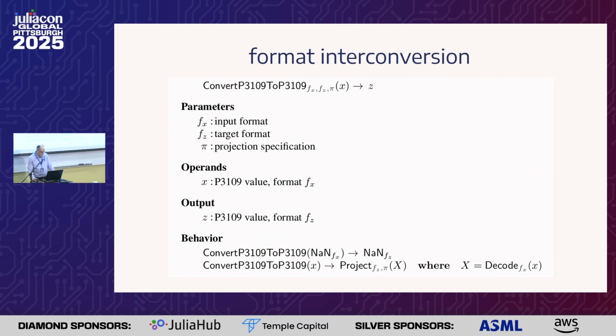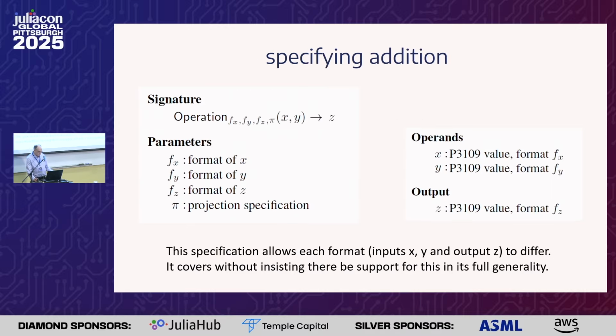A brief look at the specification. The details are not important. What's important is that all of the things that are specified, the parameters are listed, the operands, the output, and its behavior is characterized. And also, here's addition. I'm not going to go into the details. What is of note here is if you look up at the signature, you see the fx, fy, and fz.